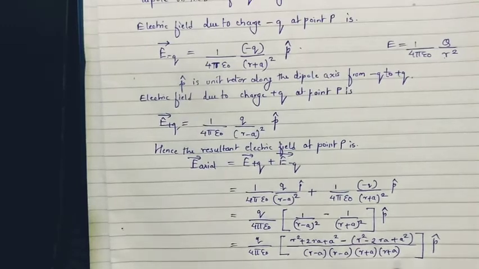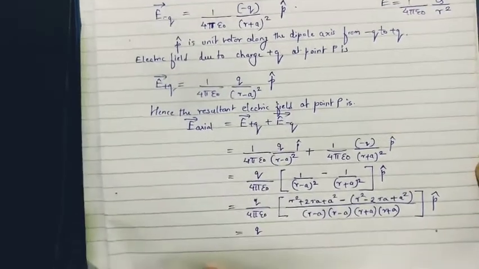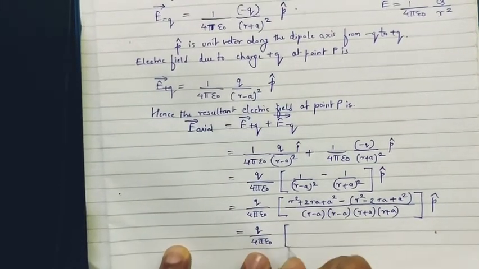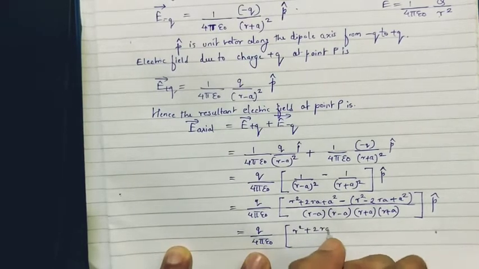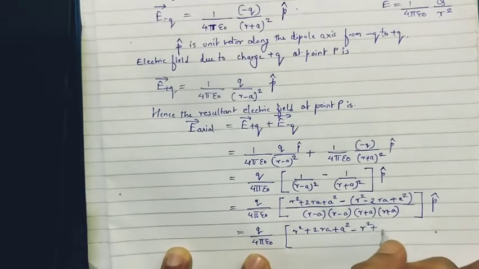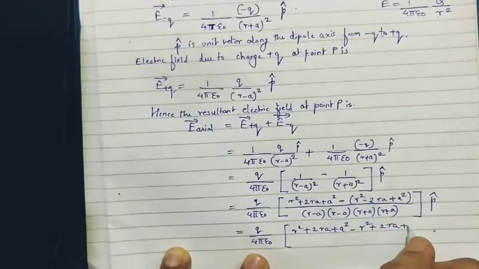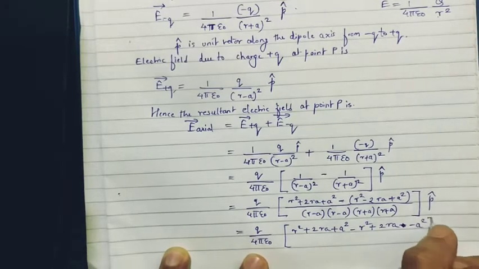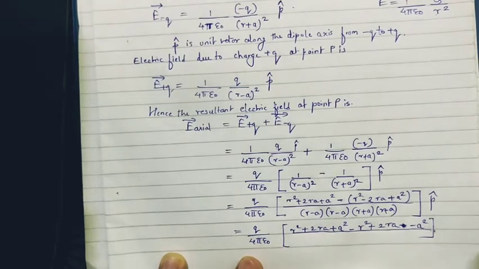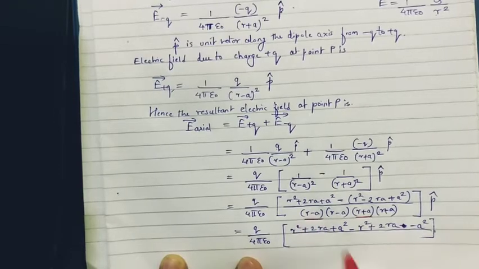If you open the bracket, I'll open the bracket for you. So this is going to be q upon 4 pi epsilon naught. This is going to be r square plus 2ra plus a square minus r square. Minus into minus will become plus 2ra, plus minus into plus will become minus a square, upon, if you carefully see over here, this can be written as (a plus b)(a minus b).